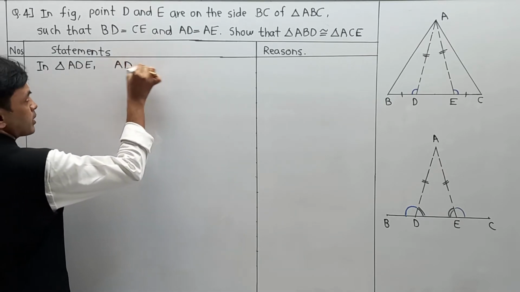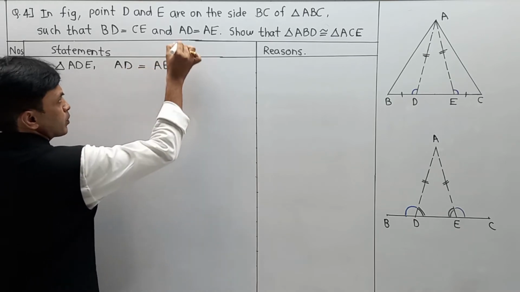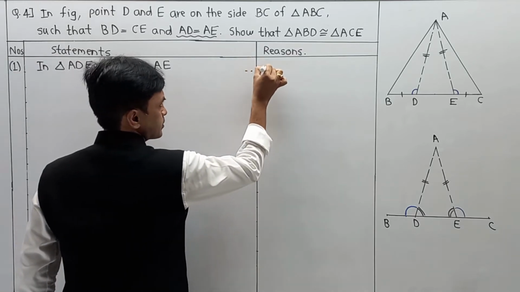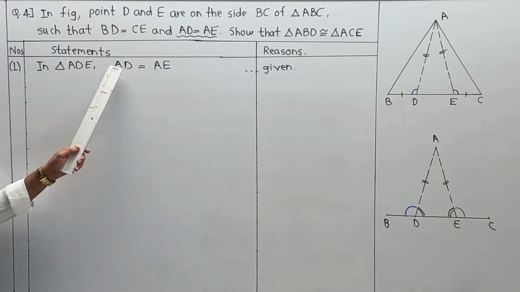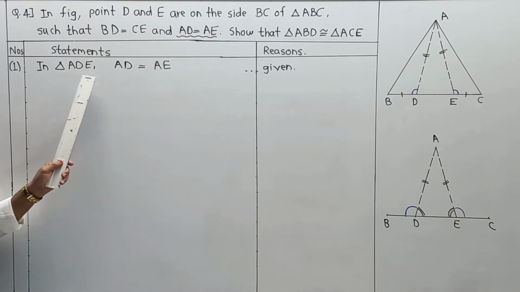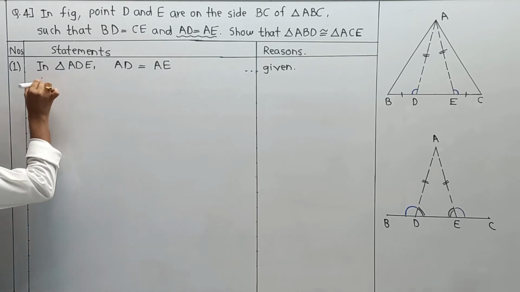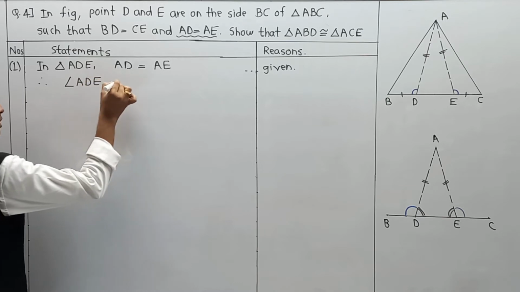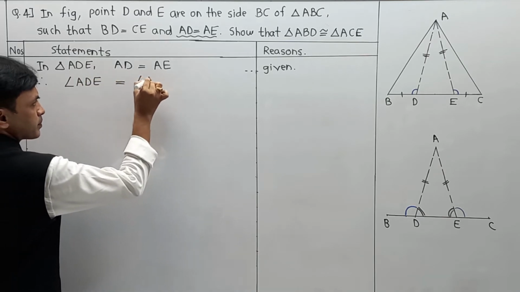AD equal to AE is already given, so that is nothing but given. As AD equal to AE, our triangle ADE becomes an isosceles triangle, or you can say the respective angle ADE is equal to angle AED.